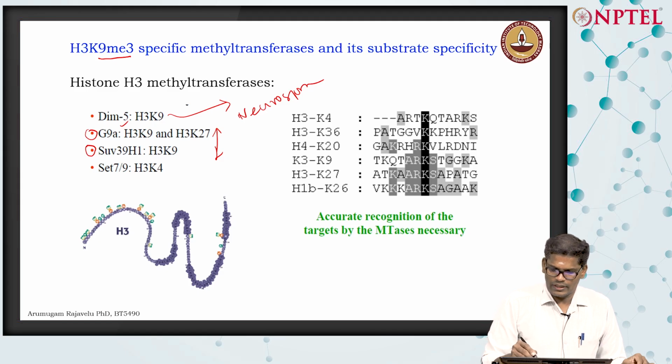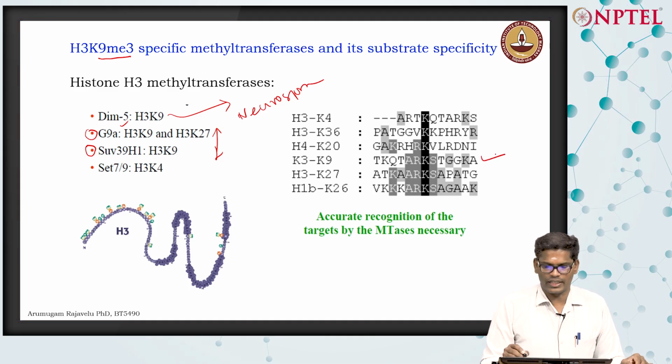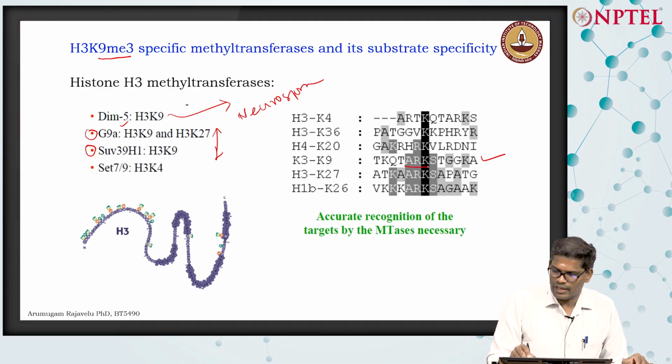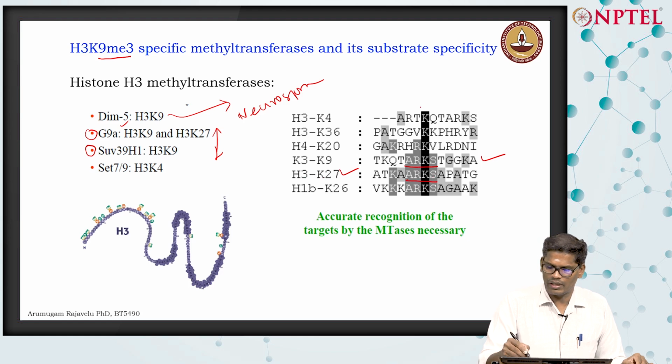If you look at it, the substrate backbone for K9, on this histone 3 tail, is ARKS, and then histone 3 lysine 27 also has ARKS. Of course, for other target lysines, such as histone 4 lysine 20, the flanks are different. 36 also has different flanks, and then of course H1B 26 shows conservation, but this is less important.